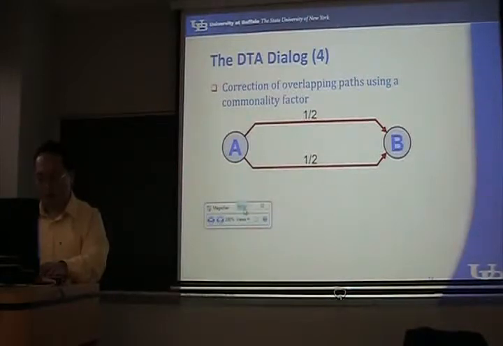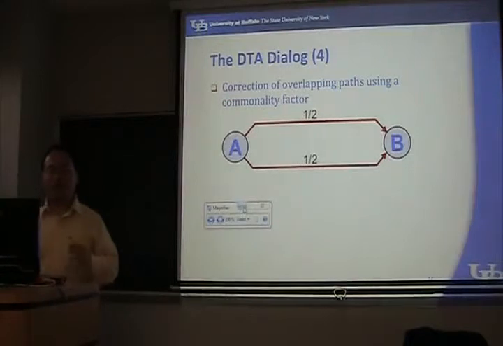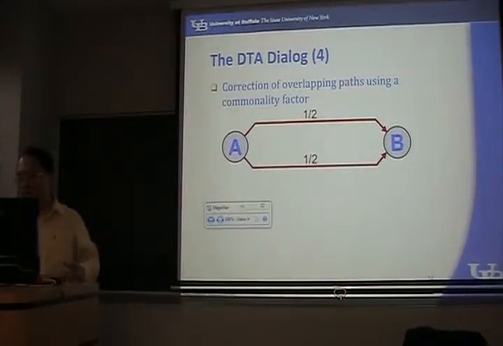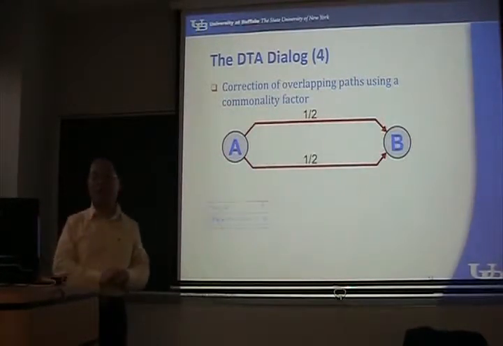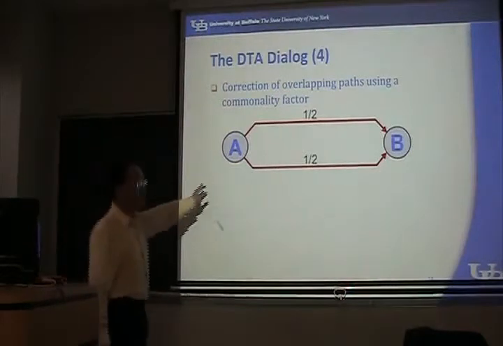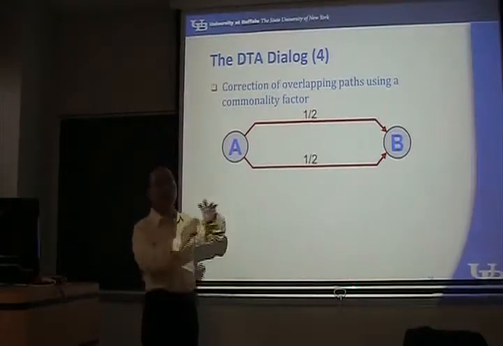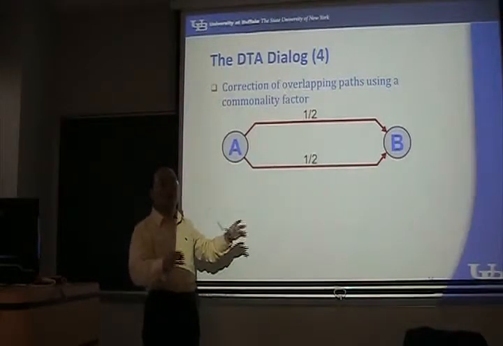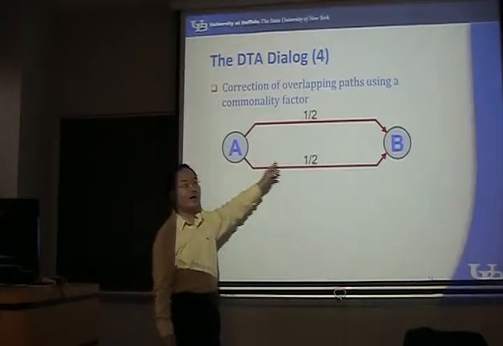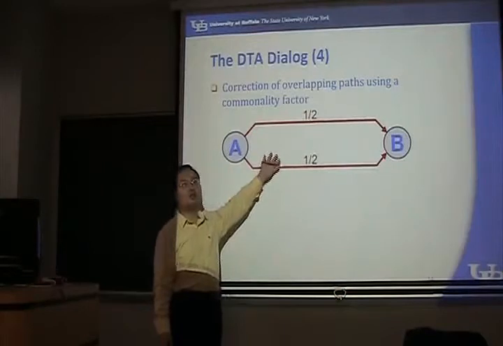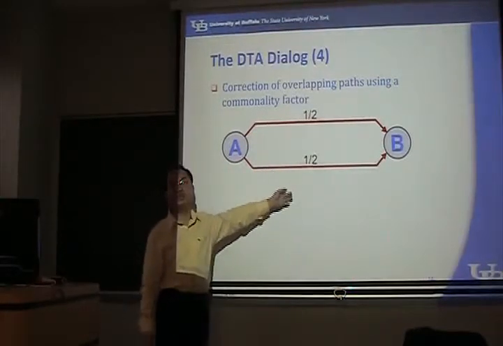Now, another thing is called the correction of overlapping path. There is a function in Vsim that can do this. So this is a simple assignment. These paths and that path are of the same cost. As a result, you are going to assign half of the volume to the upper part and half to the lower part.